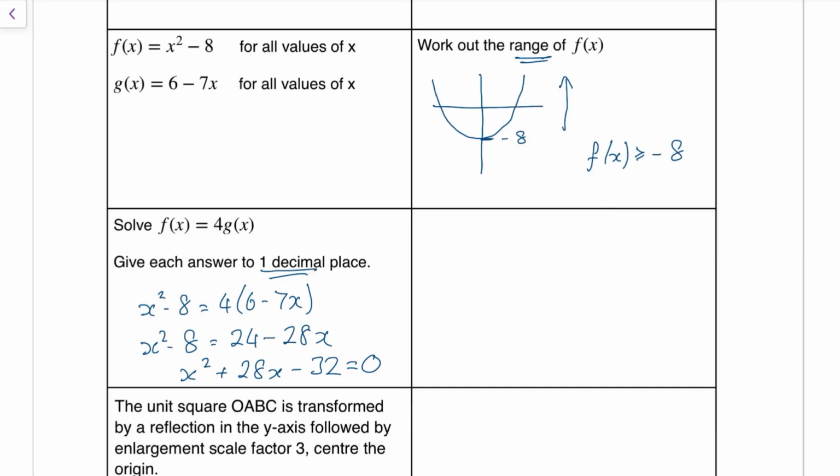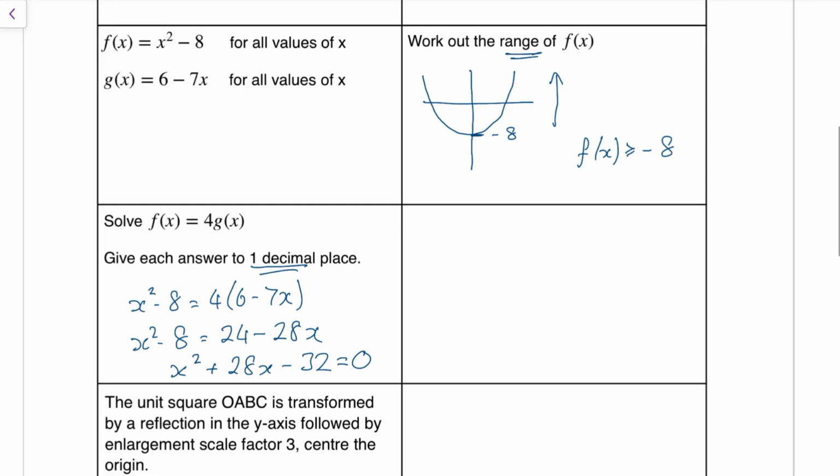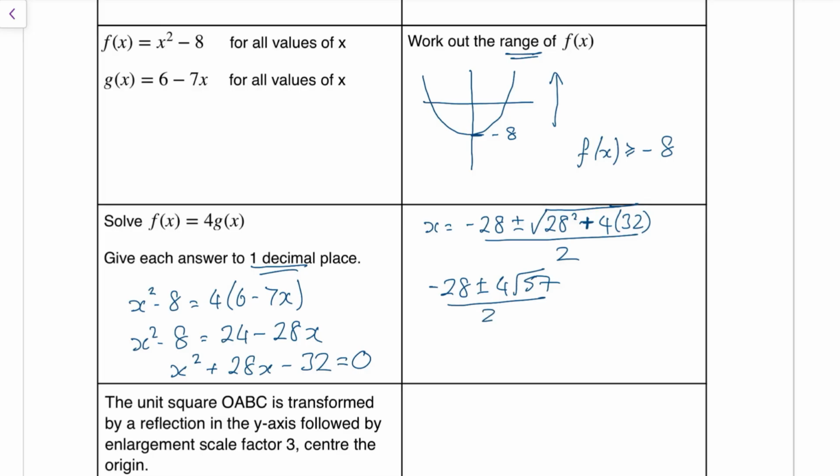As I said, I know already it's just going to be the quadratic formula because I know it's a decimal place. So that tells me x is equal to minus 28 plus or minus the square root of 28 squared minus 4 times 1, I'm not going to write the 1, times minus 32. So that minus 4 is going to be a plus 4, and dividing all of that by 2. Now get my calculator out. My calculator tells me this is the same as minus 28 plus or minus 4 times root 57, all over 2.